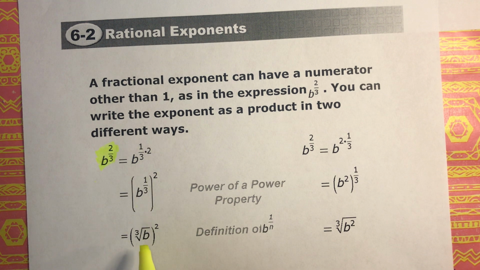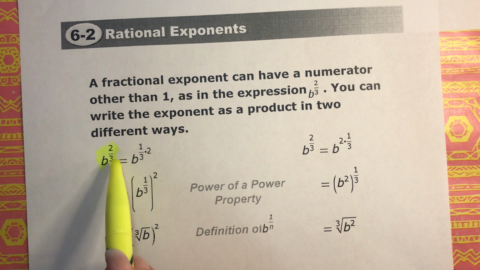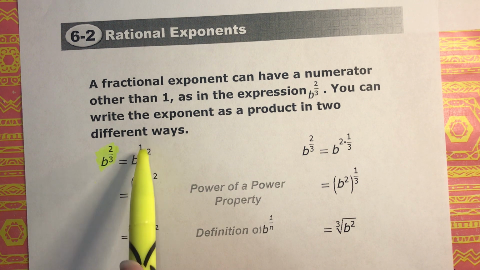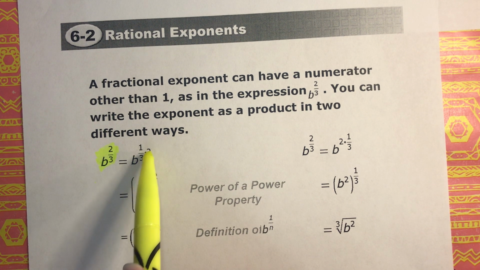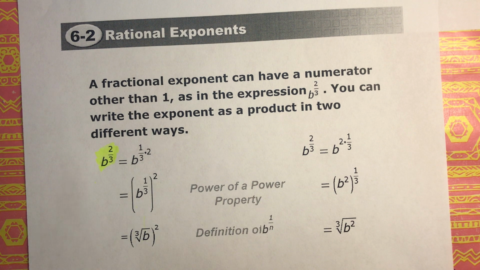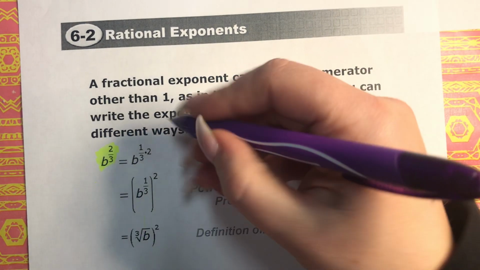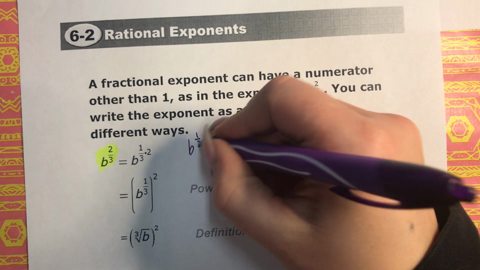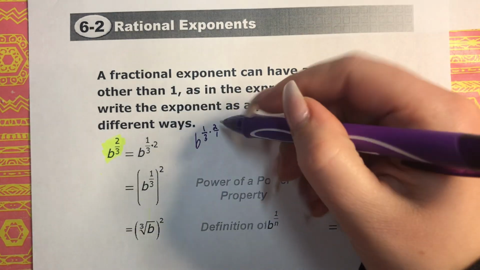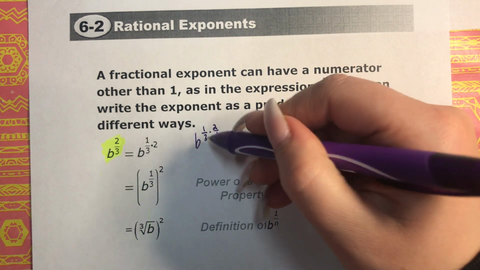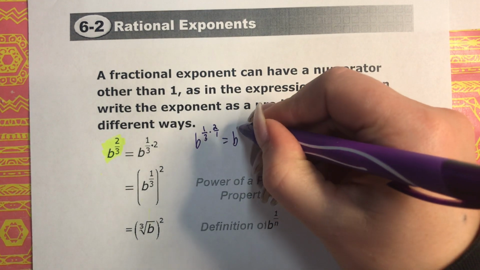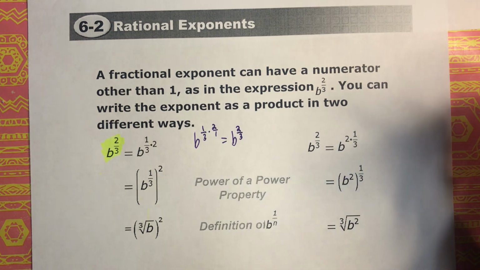As you look at the problem, you just think, which out of these 3 ways would be the easiest way for me to write it? So b to the 2/3 power is the same thing as b to the 1/3 times 2, right? Because if we made this a fraction 2/1, and we looked across, cancel, and then multiply across, we'd end up with b to the 2/3 power.